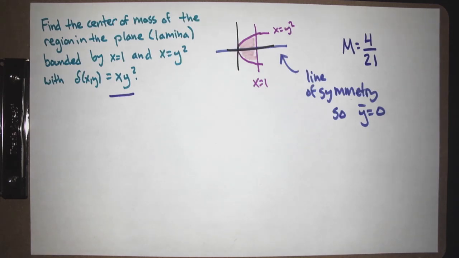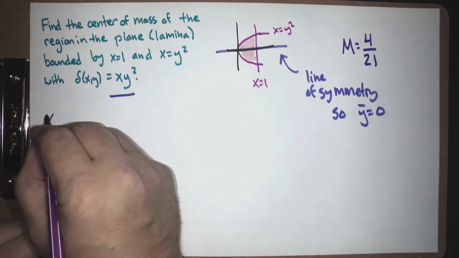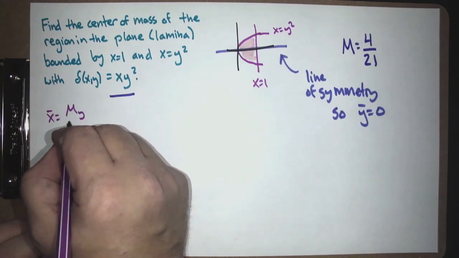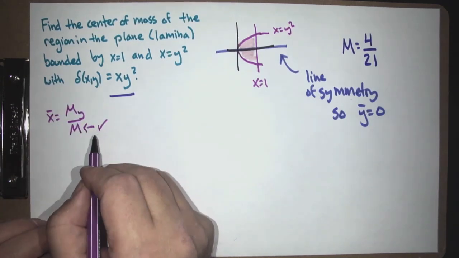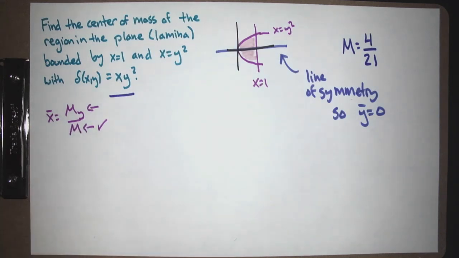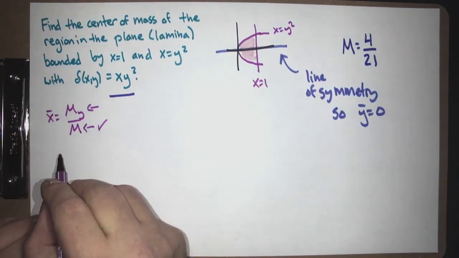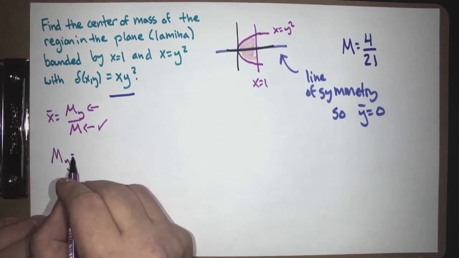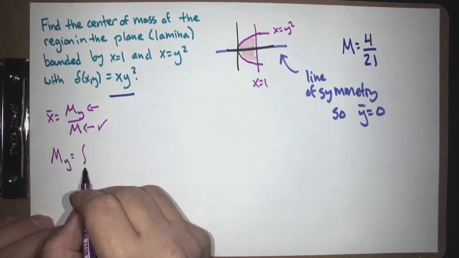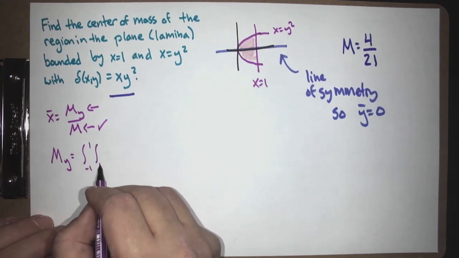So what is it that we need to compute to finish finding the center of mass? X bar. And what do we need to do to compute x bar? So x bar is M_y over m. We've got the m, so we need the moment. All right, so we're going to go through and remember, what did we find? Moment with respect to y. Integral, I'm going to use the same bounds that we did before.